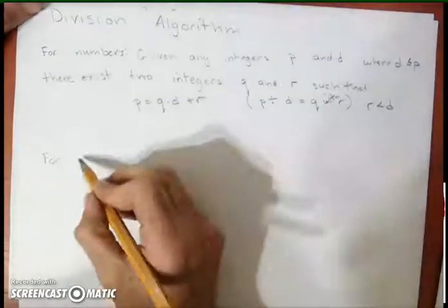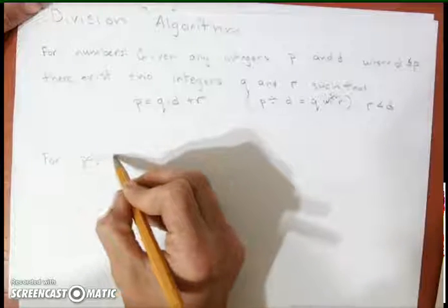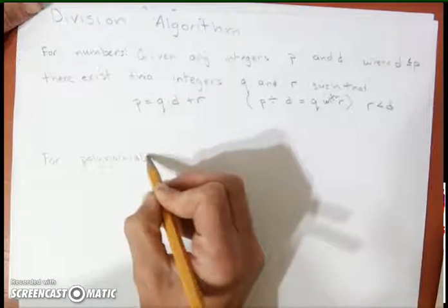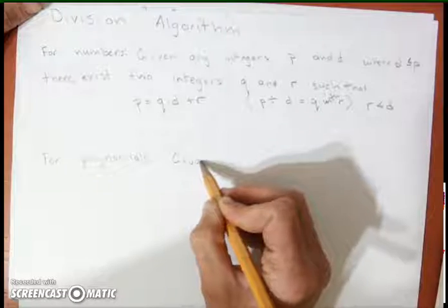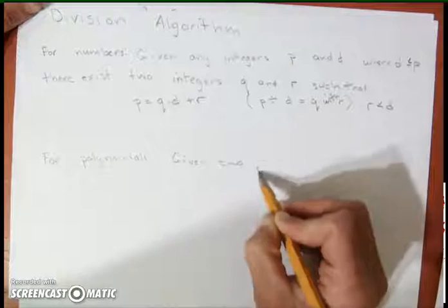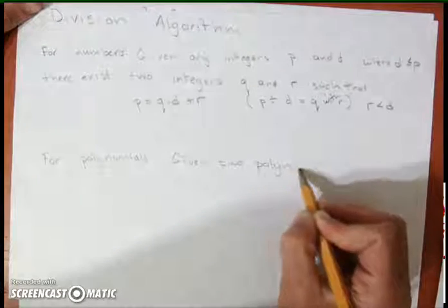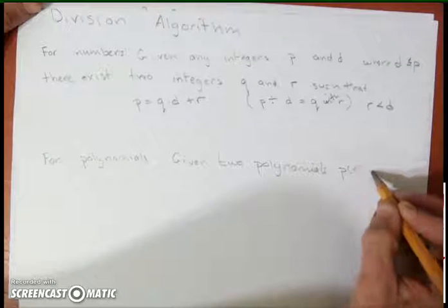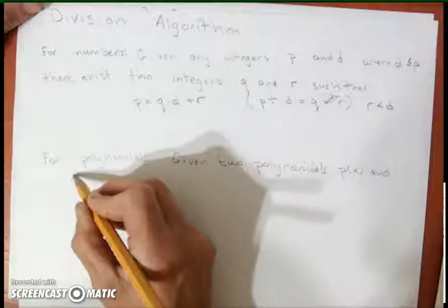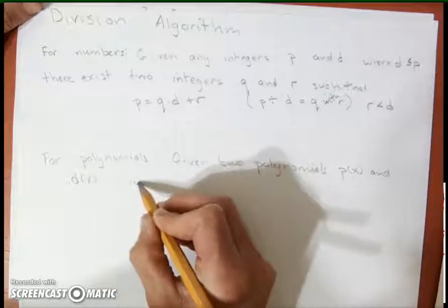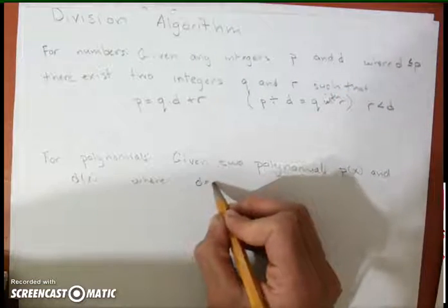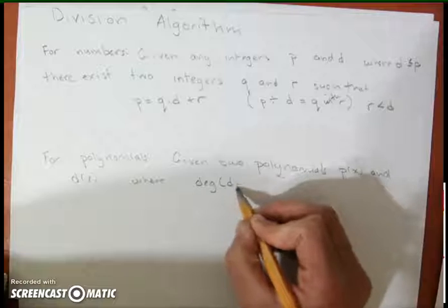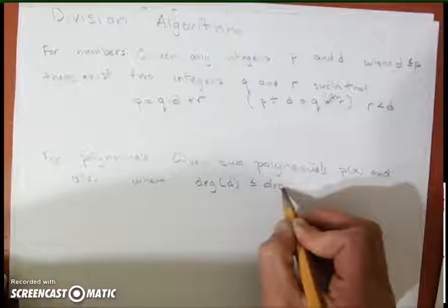So for polynomials, what the division algorithm says is given two polynomials, p of x and d of x, where instead of one being smaller than the other, we have that the degree of d of x is smaller than the degree of p of x.